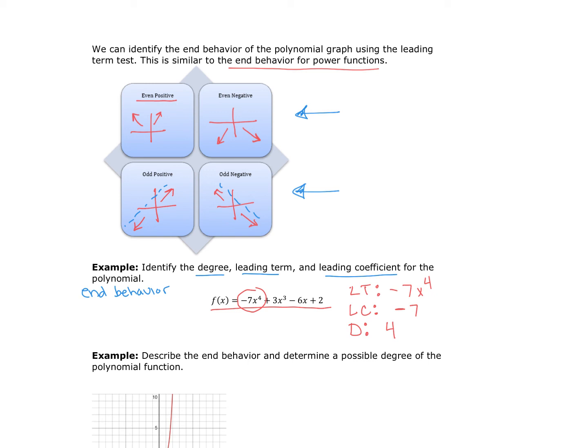So we have an even degree and a negative lead coefficient, so this is going to have end behavior that looks something like this. We would say as x approaches infinity, the function approaches negative infinity, and as x approaches negative infinity, the function approaches negative infinity.